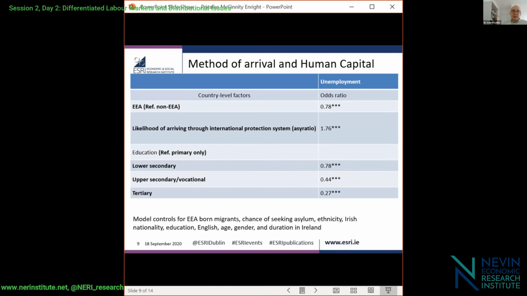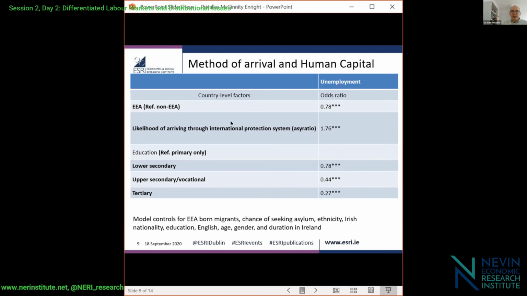Straight off the bat, we see that EEA migrants have significantly lower odds of unemployment when compared to non-EEA migrants. So that's the first hypothesis confirmed. This is independent of human capital and all those other things. Being a migrant from inside the European Economic Area has a positive effect in that they're less likely to cite unemployment.